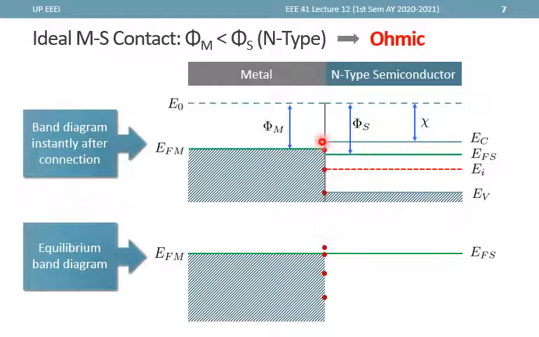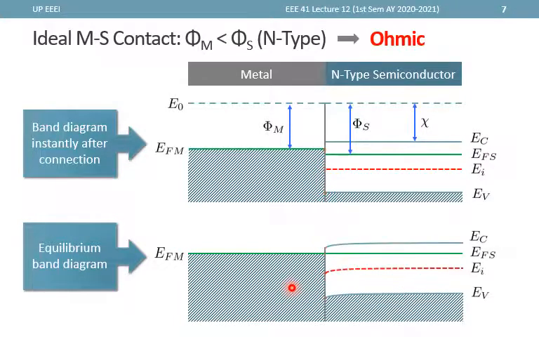Okay, so with this small energy difference, we can draw EC. At a slightly larger energy difference below, we draw Ei somewhere here, and then Eg over 2 below that, we should be able to identify where EV should be in our plot. Given that we know the doping concentration, we can then identify the energy levels here.